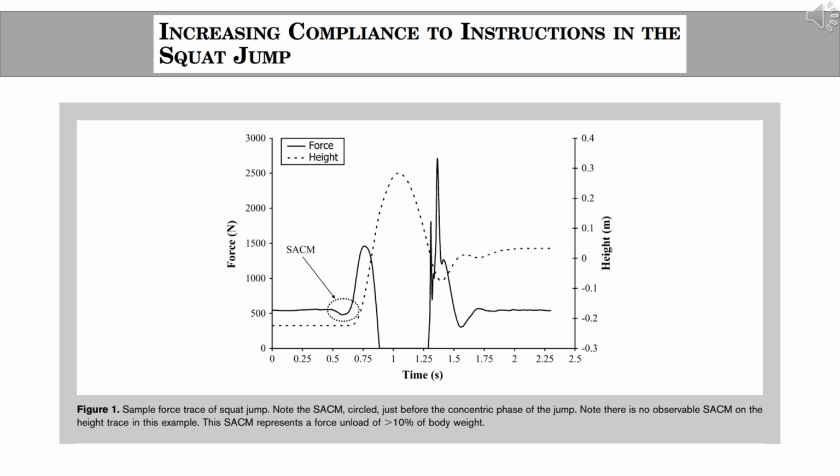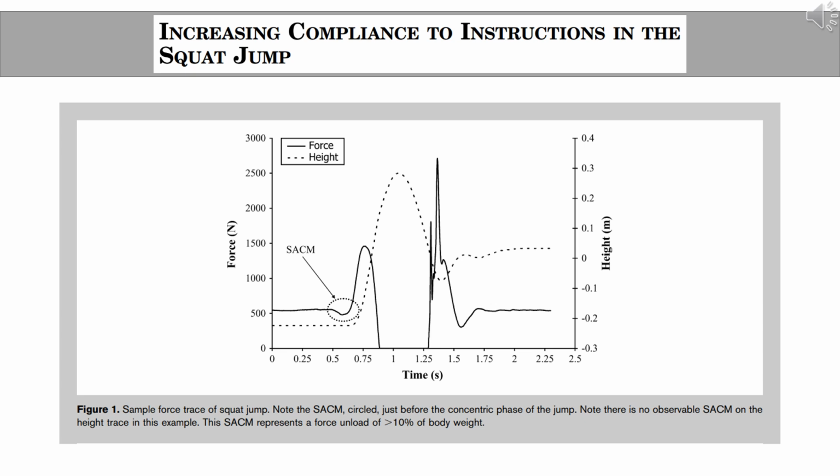That's what SACM means. So essentially, this force trace is showing that even when we give our athletes very, very clear instructions about making sure our movement is purely upwards and only concentric based in this test, we sometimes still get a small counter movement that actually the naked eye can't often see.